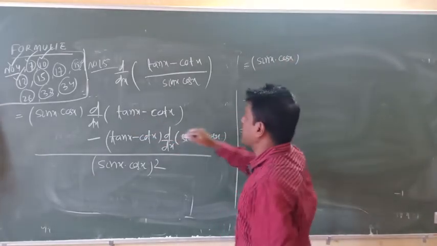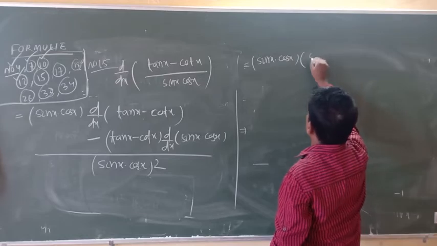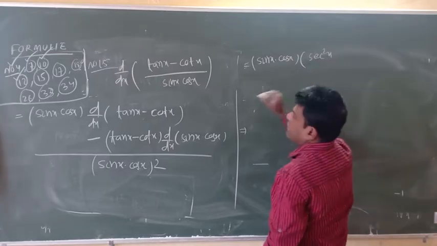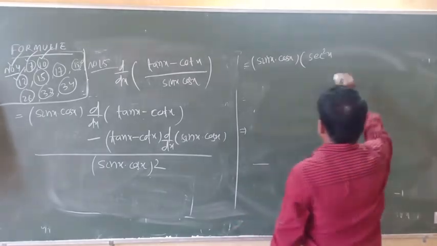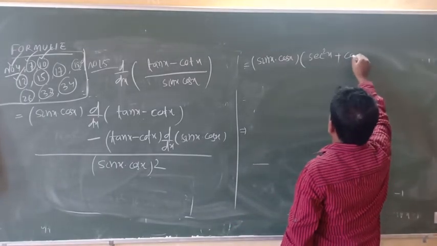The derivative of tan x is equal to sec square x. And derivative of minus cot x: derivative of cot x is equal to minus cosec square x, so minus in minus plus, cosec square x.